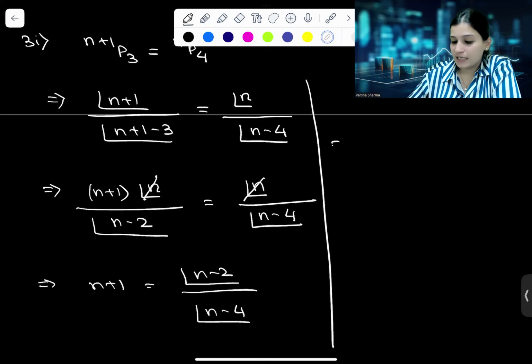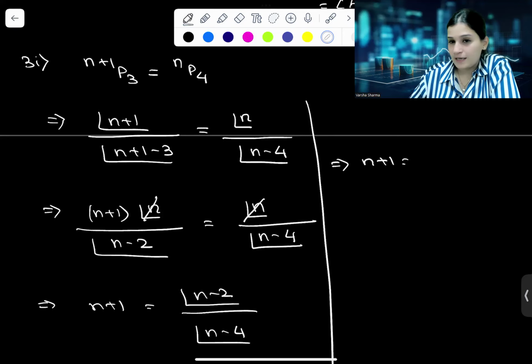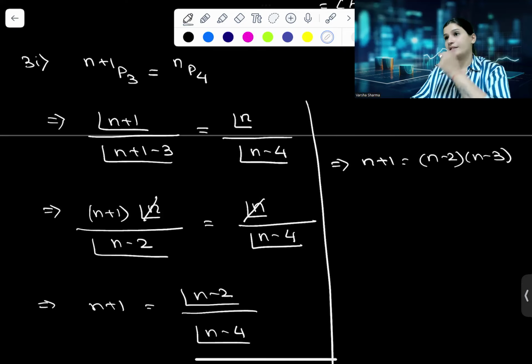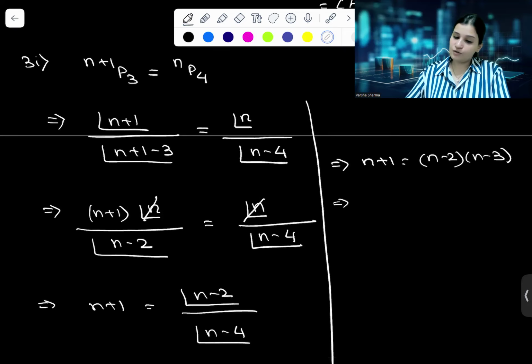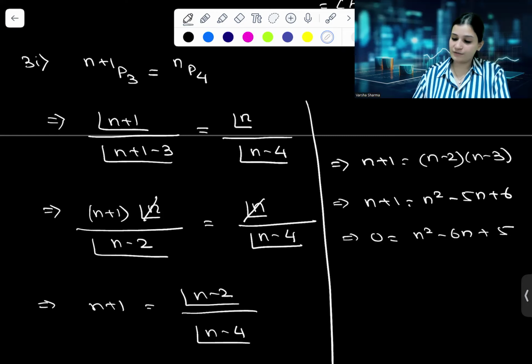So n minus 2 is larger, so we are going to open that factorial. n minus 2, n minus 3, n minus 4 gets cancelled. Opening the bracket, n square minus 5n plus 6. n square minus 6n plus 5.